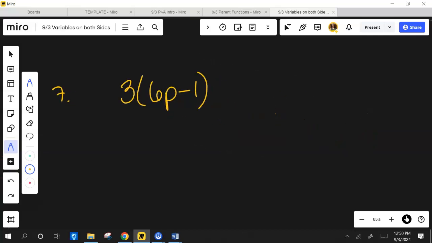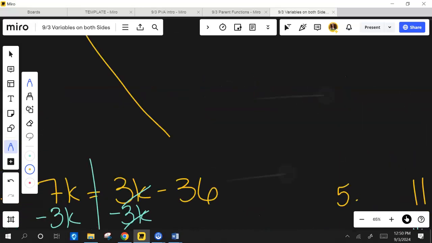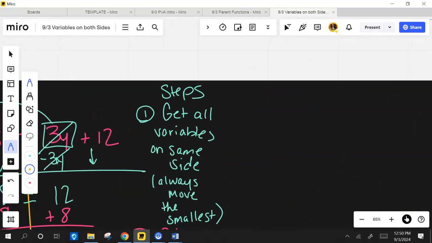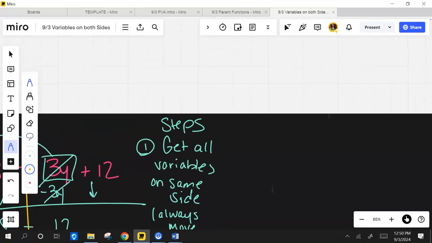All right, look at number 7. I got a problem with number 7. What is it? So, I should have told you this to begin with. Go back to your steps, and at the very top of the steps, you know how you got step 1? Above that, add a step that says simplify each side first.